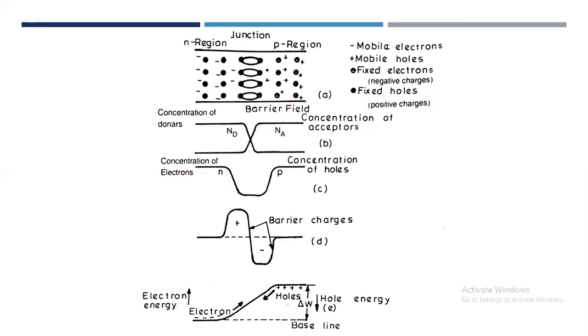An equal amount of energy is involved when a hole is moved from the P region to the N region. The barrier energy is a function of the thickness of the uncovered region: the greater the thickness, the greater the energy required.